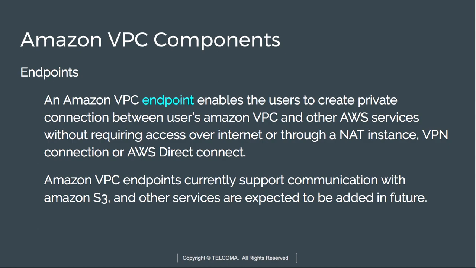Amazon VPC endpoints support communication with S3, and other services may be added in future. A user can create multiple endpoints for a single service, and can use different route tables to enforce different access policies.